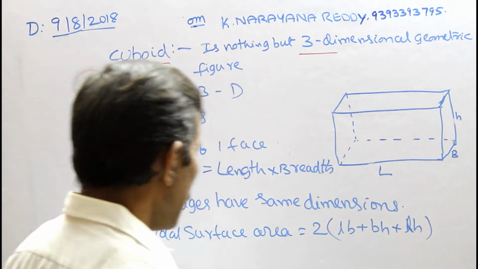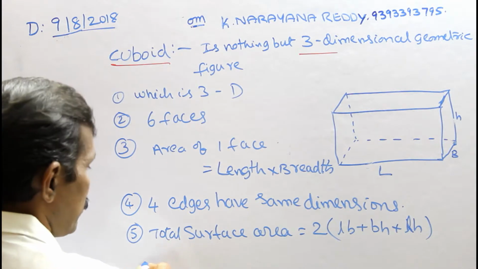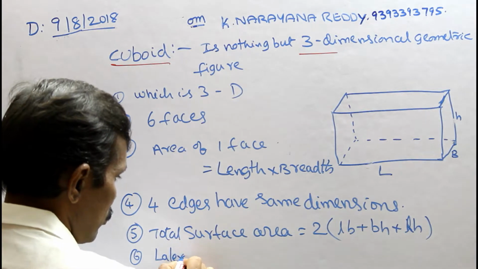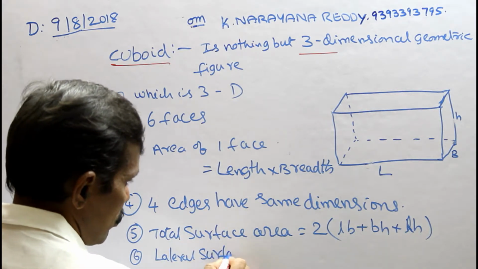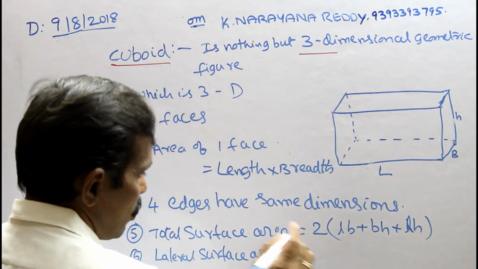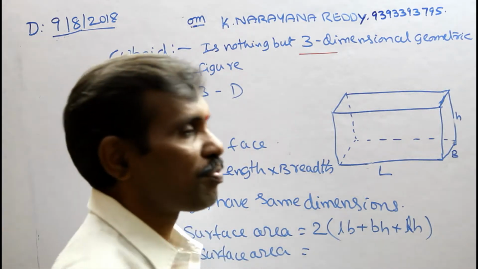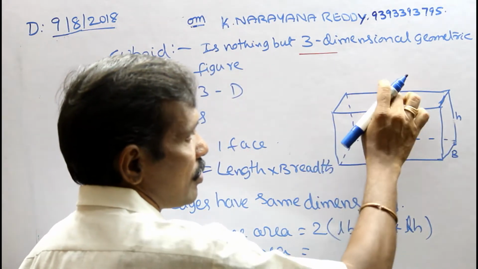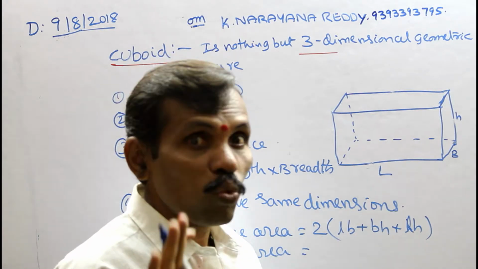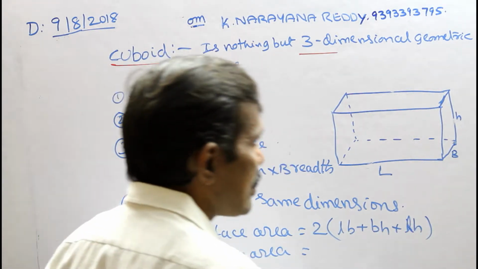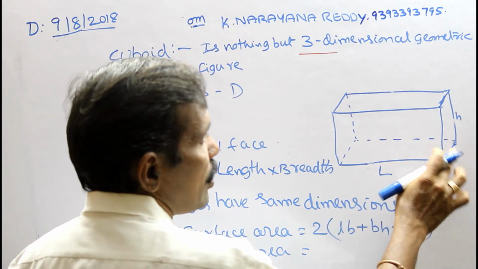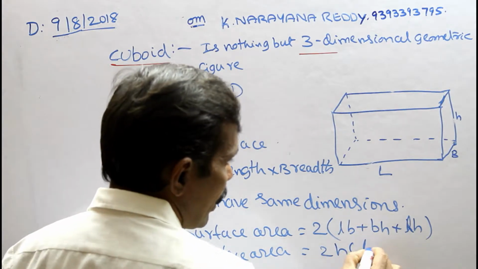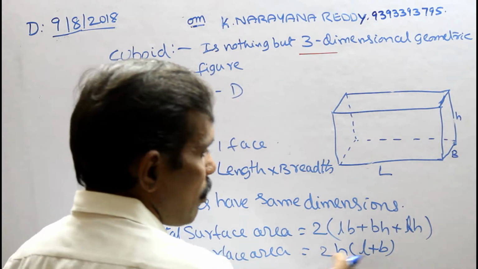Okay. Next one is lateral surface area. What is meant by lateral surface area? This is lateral, not total surface area. Only lateral means 2h into L plus B, that is, h into (L plus B) area.